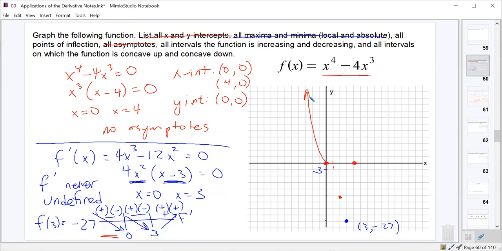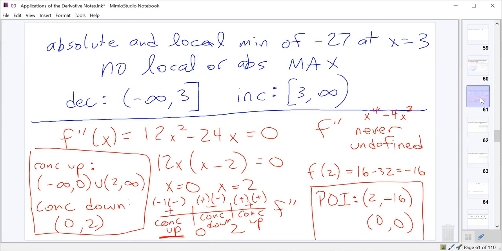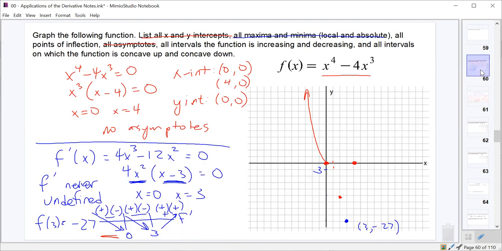Then at x equals 0, we know that we have a point of inflection, which means our graph switches from 0 to 2 to be concave down. And on that interval, it continues to decrease. So we'll be concave down.